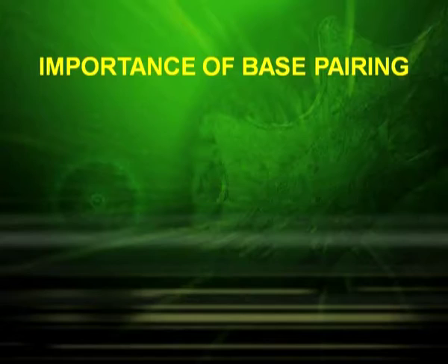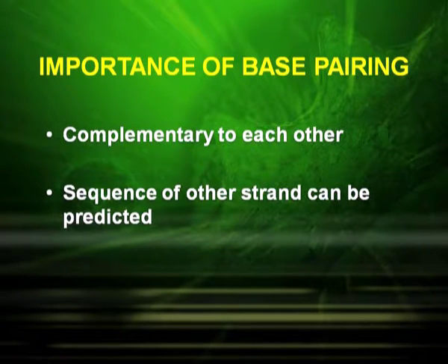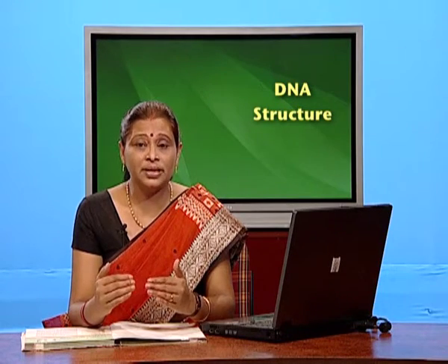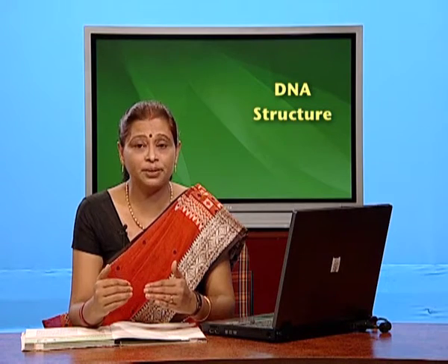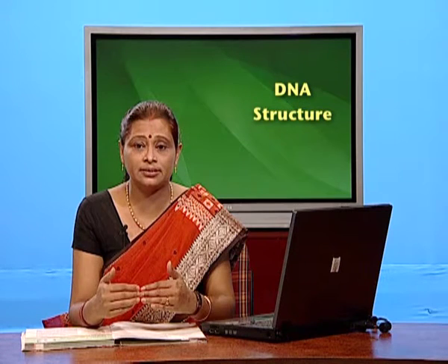Another important feature: let us study the importance of base pairing. Number one, it provides complementarity to each other, and second, it helps the sequence of the other strand to be predicted. That means you can predict the base pairs of the other strand if you know the nitrogenous bases in the previous strand.